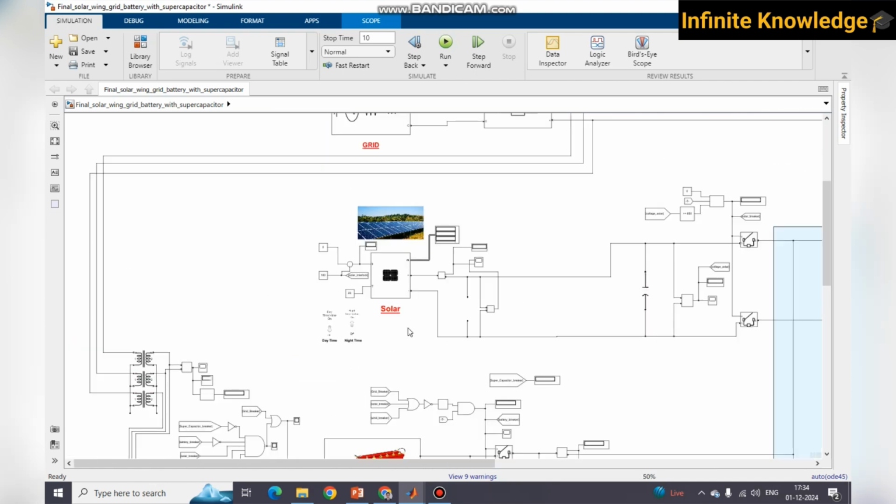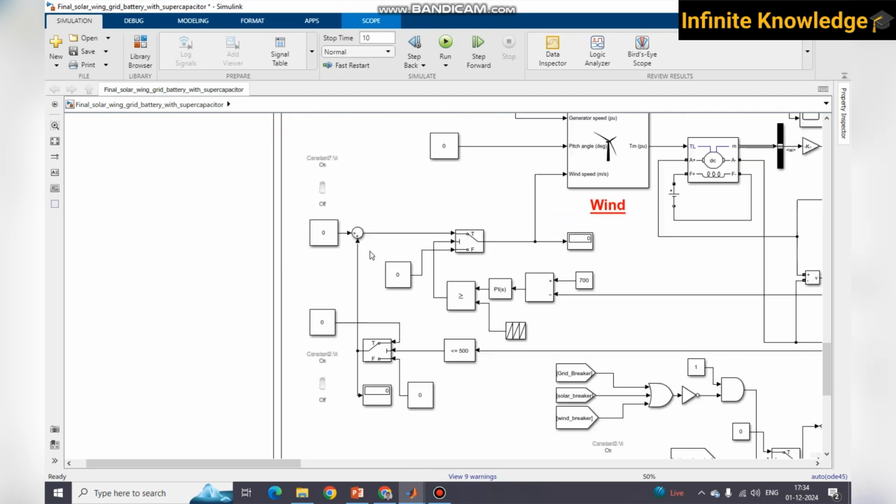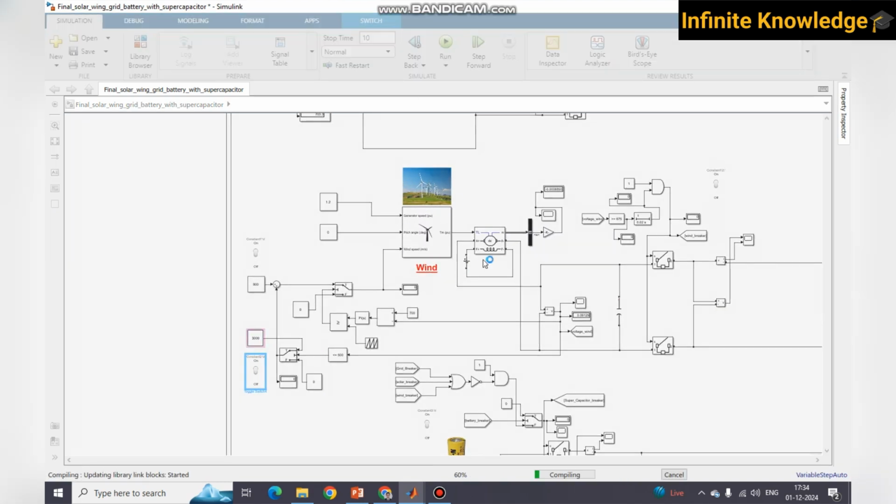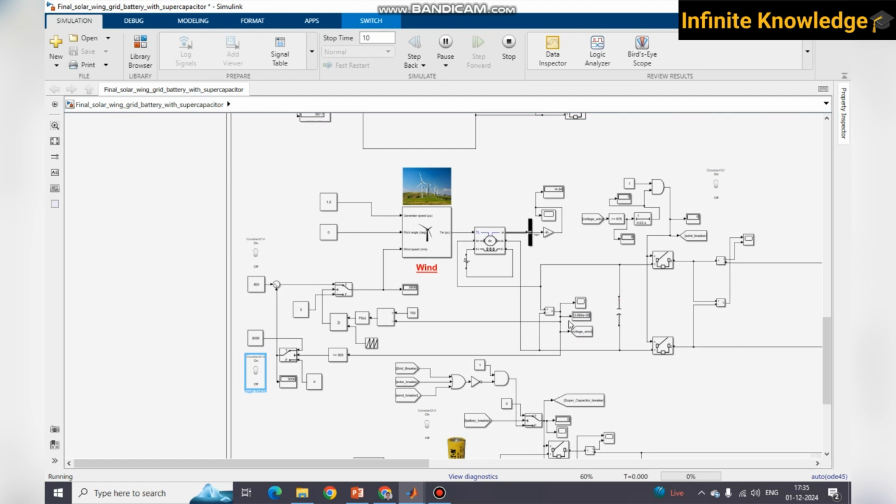So there is no solar. Okay, night time, no solar, and right now I need to switch on these two switches, which help to change the input speed of our wind turbine, and it will generate some satisfactory voltage. Once this satisfactory voltage comes at the output side, the total load.